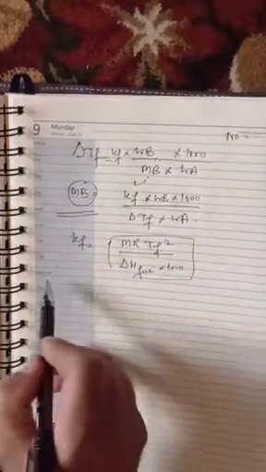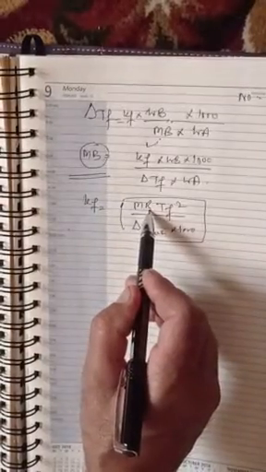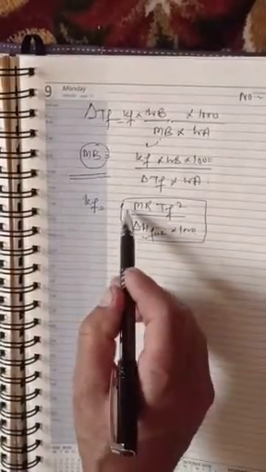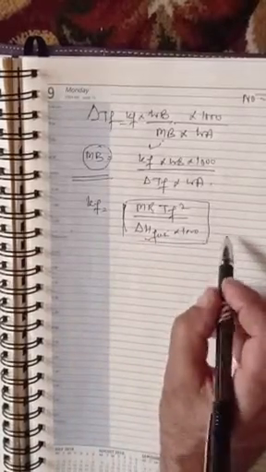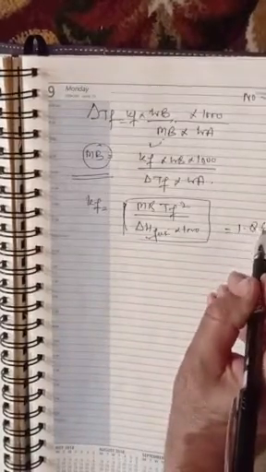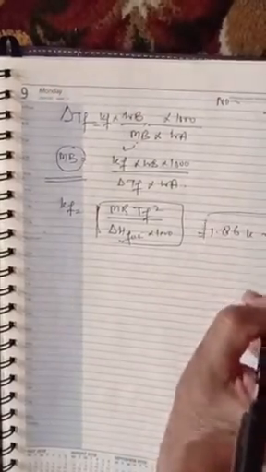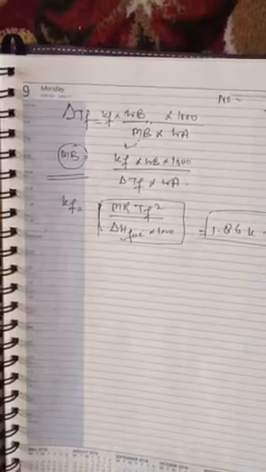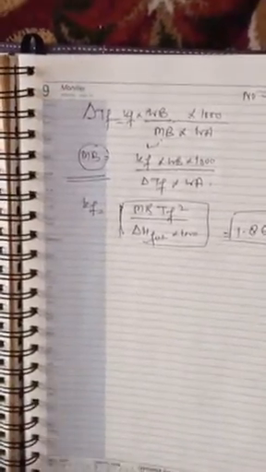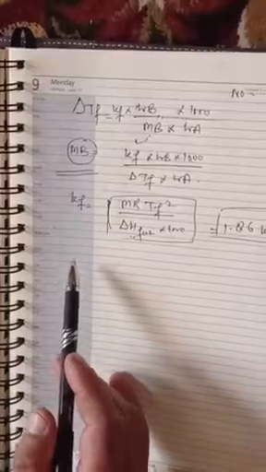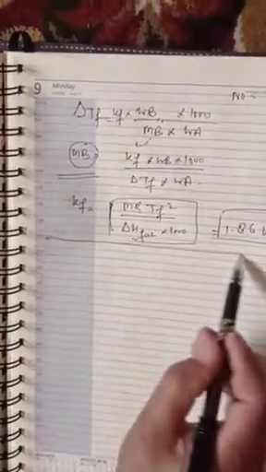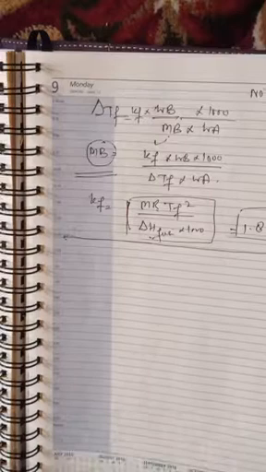Therefore, it will be equal to Kf times the number of moles. If we take Wb grams of solute, let Mb be the molecular mass of the solute, and let Wa be the weight of solvent. We know the number of moles is equal to the mass of the solute divided by the molecular mass.